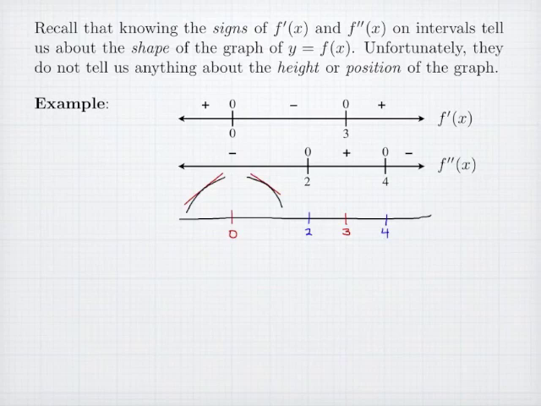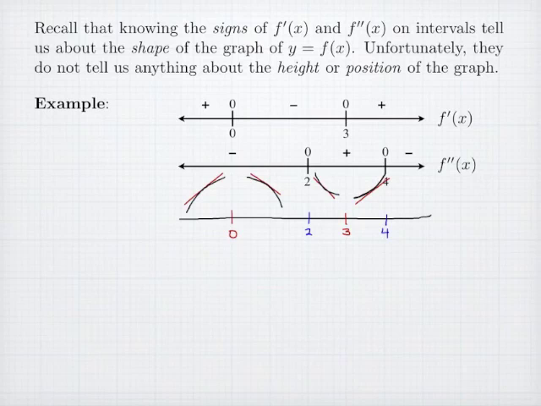Once I pass 2, my concavity switches. So my slope is still negative, but now my curve is concave up. At x equals 3, I switch to increasing, still concave up.